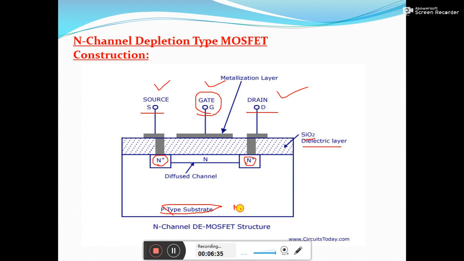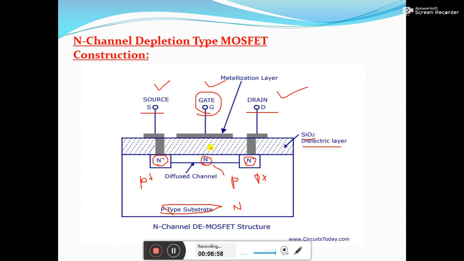Substrate will be N type material, and the two heavily doped materials are diffused. Heavily doped P type materials are indicated by P plus, and these two terminals are linked with the channel, and the channel would again be of P type material.